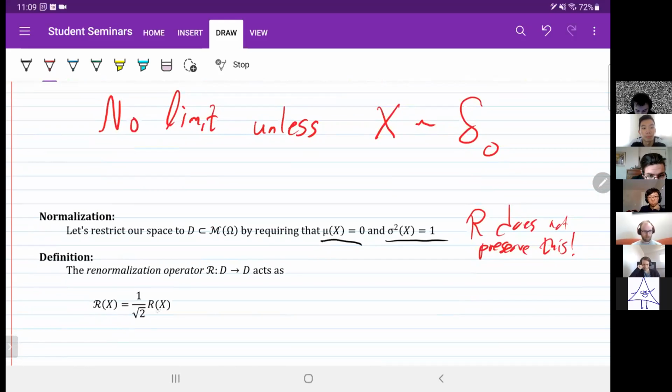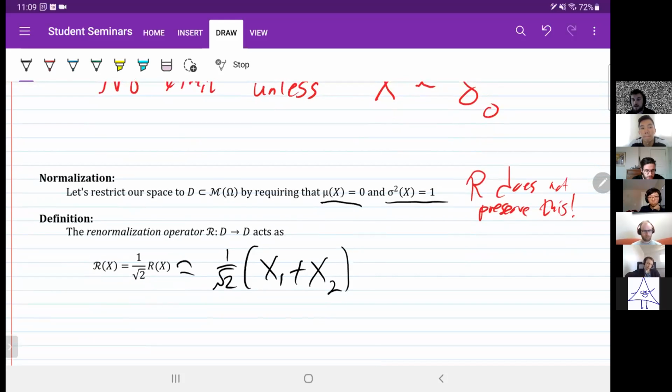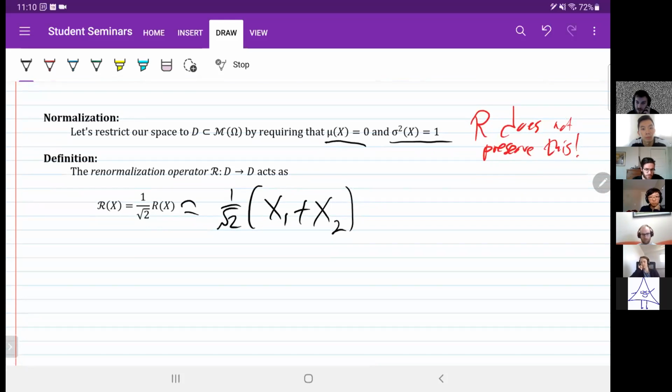So my renormalization operator will be the rescaling times something that makes it so that the normalization actually holds. So in particular, this is 1 over root 2, times x1 plus x2. Okay. So this still preserves the normalization. So now this operator actually takes things that satisfy this normalization condition, and it maps them to things that still satisfy it. Yay. So we can ask what happens if we iterate this.